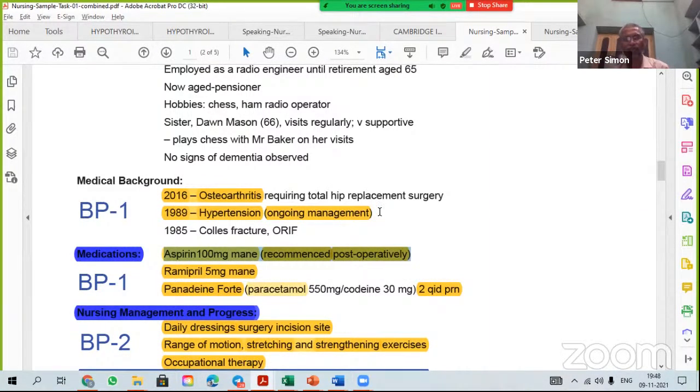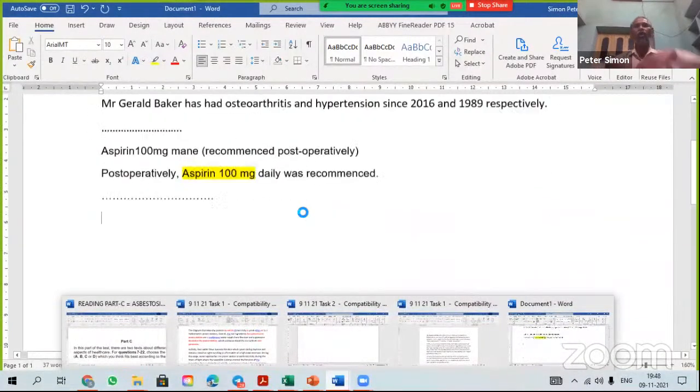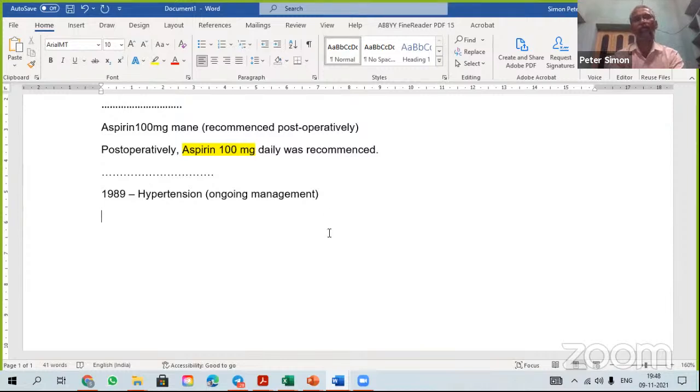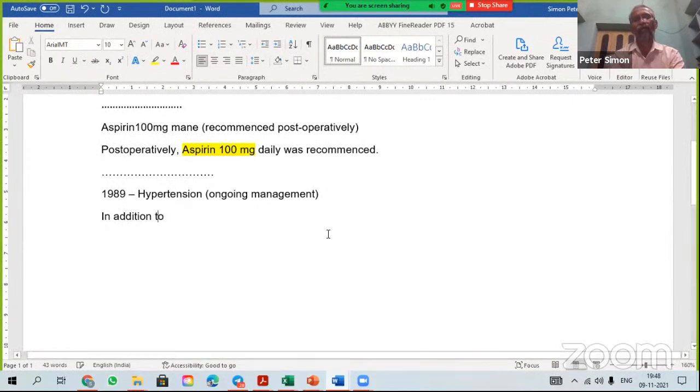Take this sentence, how you are writing this sentence. So this is a new one. Ongoing management, 1989 hypertension. Usual treatment is going on. So you can say, in addition to the regular treatment. Don't use the same word, ongoing.